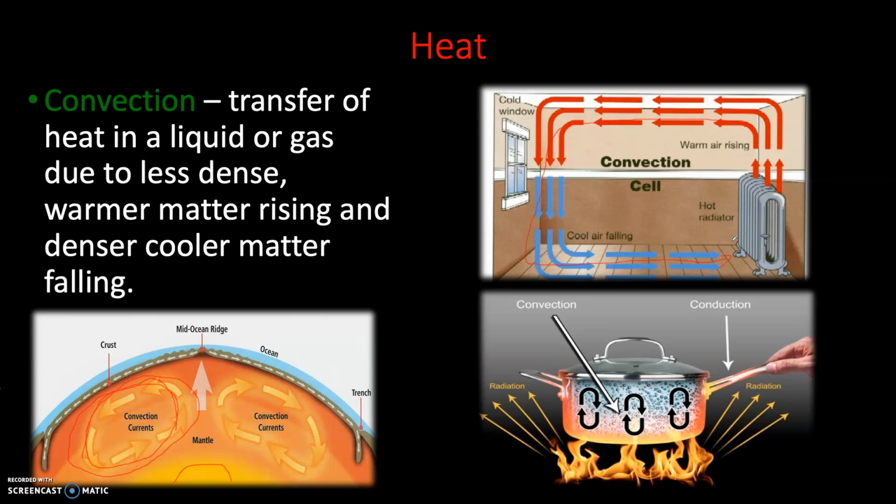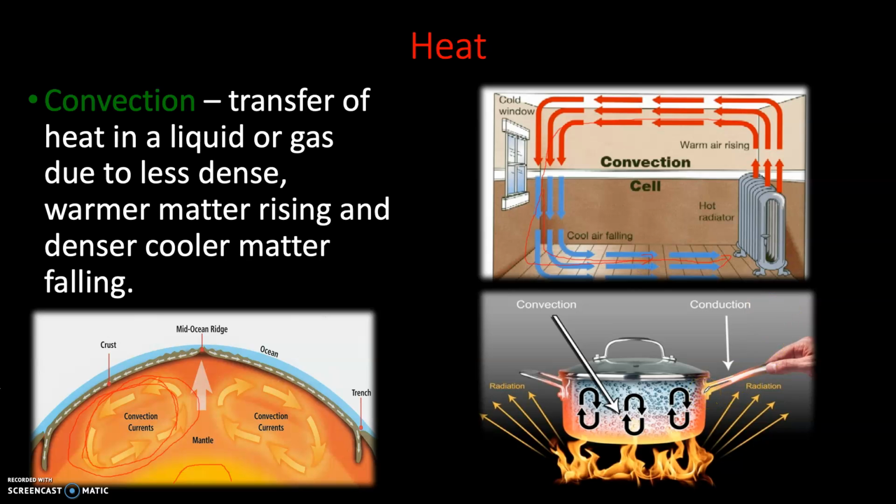And that's because warm air rises. Warm air is less dense, meaning the atoms are more spaced apart from each other, and so they rise. And then as the air cools, the atoms move closer together, and therefore the air becomes more dense as it cools, and then it falls back towards the ground.